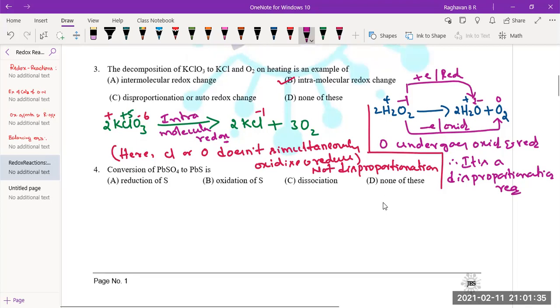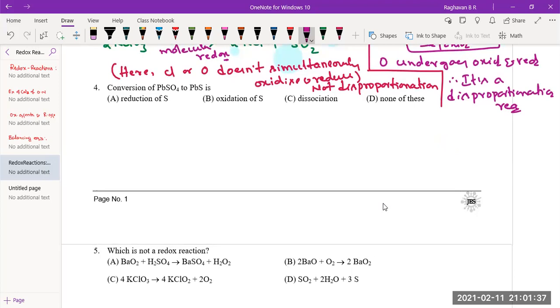So we'll take a fourth one now. Conversion of lead sulfate to lead sulfide. Sulfate to sulfide is what? Option A. To which oxidation step? +6 to -2. +6 or +4? +6.